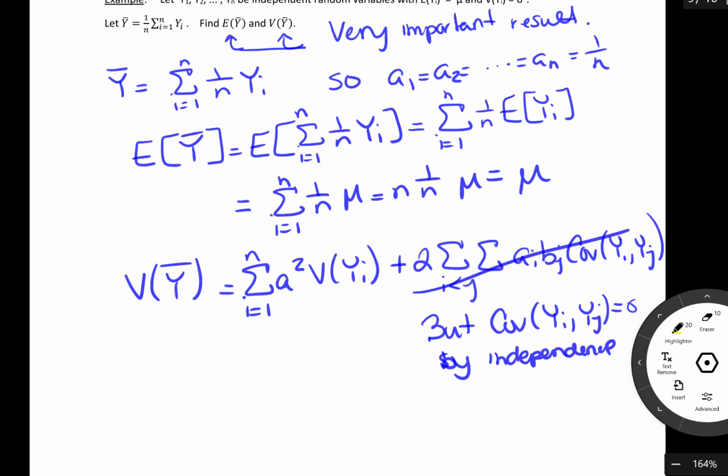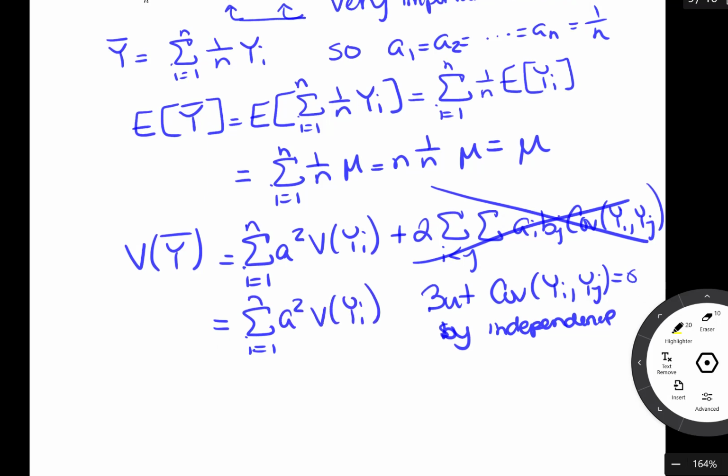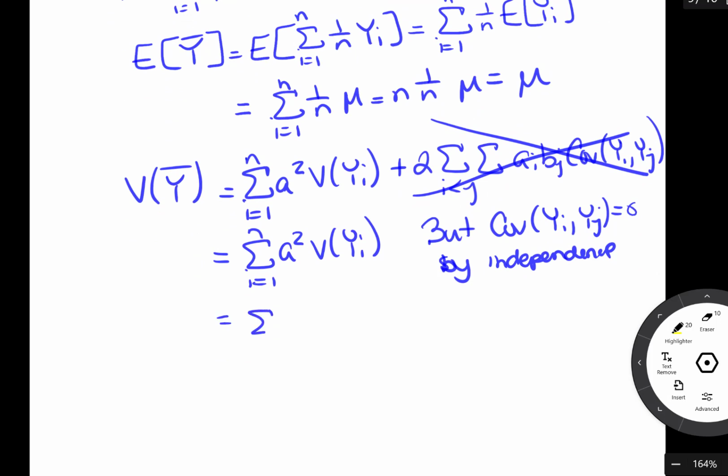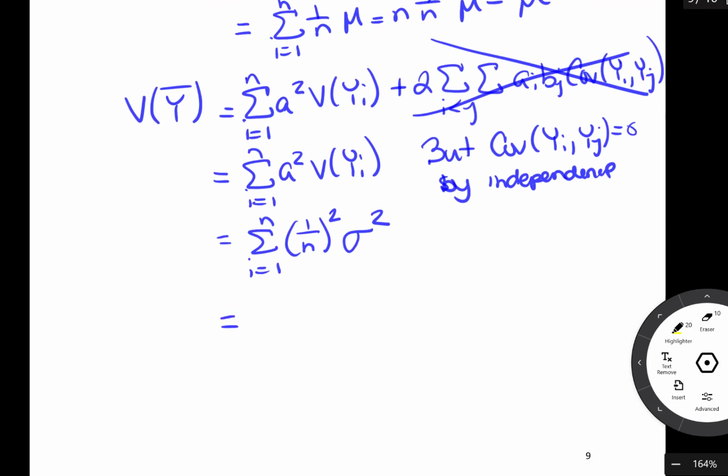So this term actually goes away and we're just left with this piece. And we know that our a's in this case are all equal to 1 over n, and we know that our variance for all of the yi's was sigma squared. So notice we get the following.